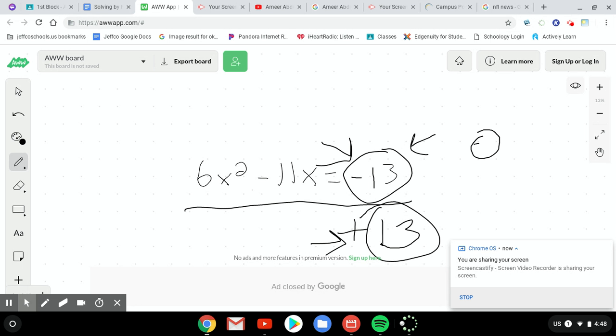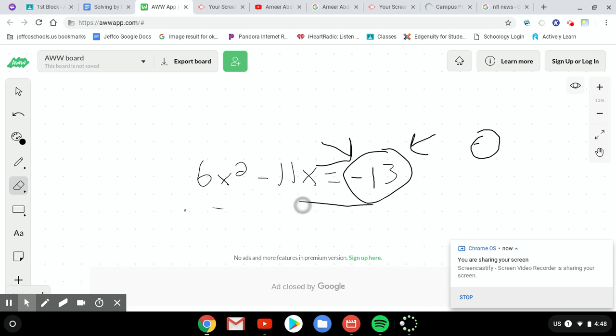After we got that done, we have to rewrite our problem. I also forgot that we have to move the 13 in the middle and put the 0 at the very end. And so I'm going to rewrite the problem. Sorry about that.